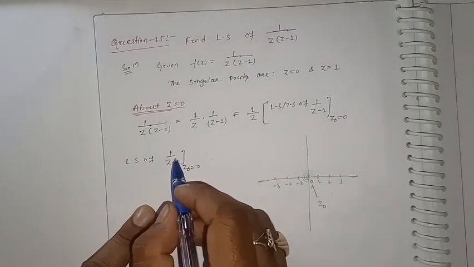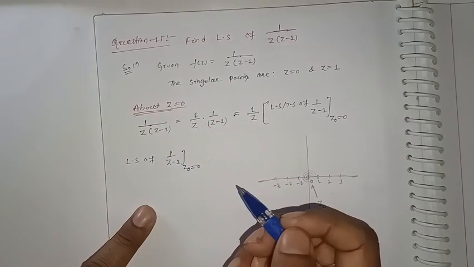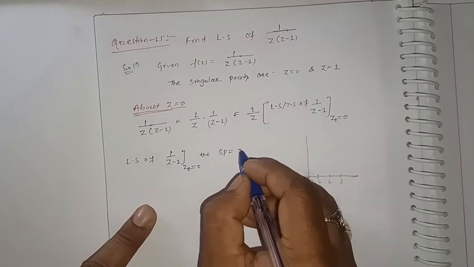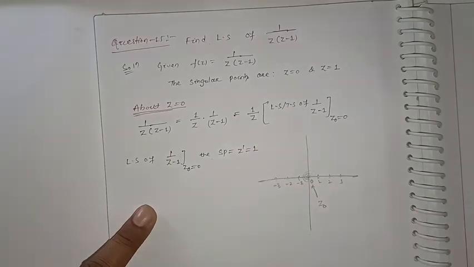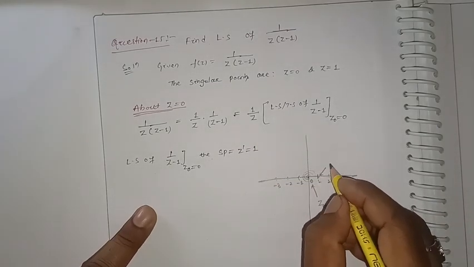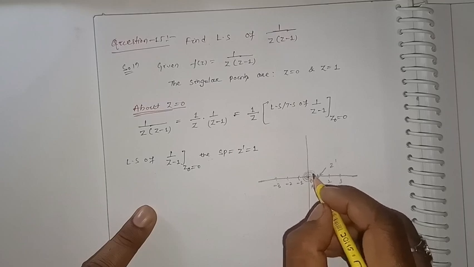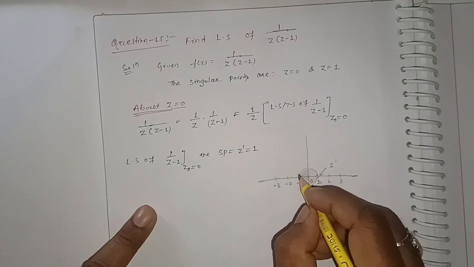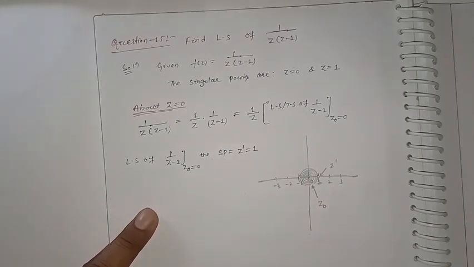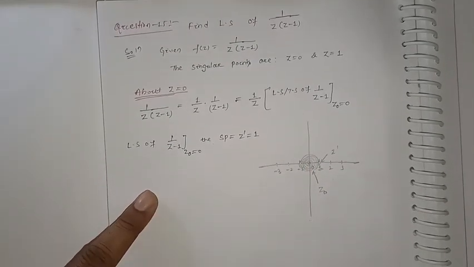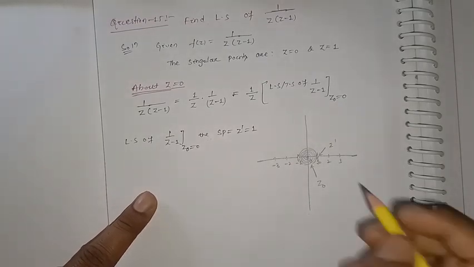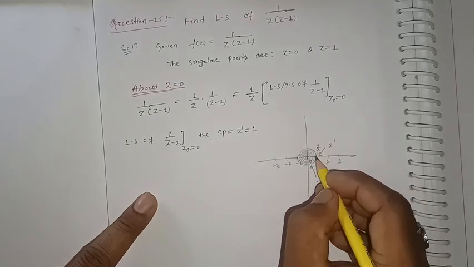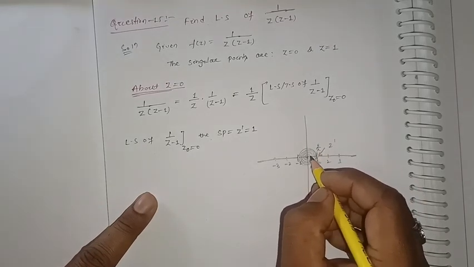Here for this 1 by z minus 1, the singular point, the so-called z dash, is 1. So where is the 1? This is the 1. So this point is your z dash. If the function is going to spread, then it will interact with the 1 and stop its spreading. So this is the region in which we have to find the Laurent series of this function 1 by z minus 1. So for that, if somebody is going to stand at z dash and move from z dash into this region, then what is the work?